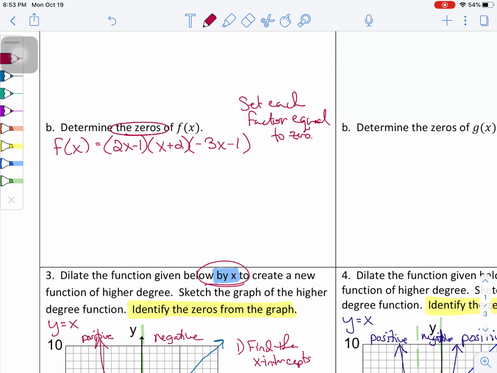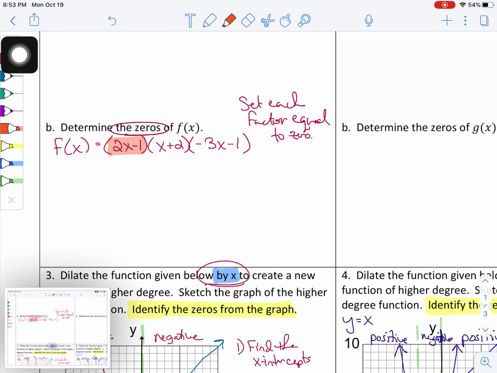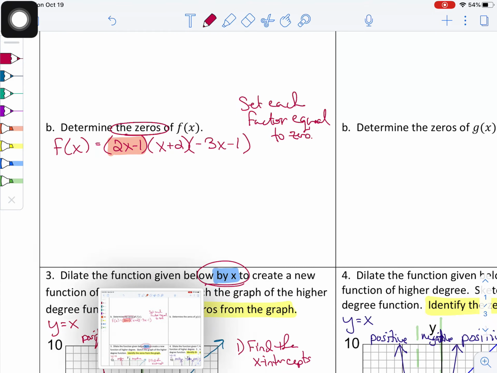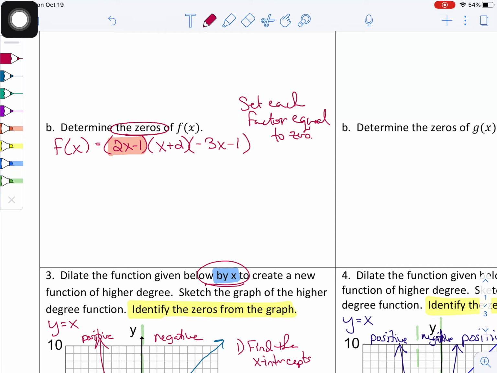All right, so my first factor here is 2x minus 1. So I'm going to make a little equation. I'm going to take this first expression, this first factor, 2x minus 1, and set it equal to 0.